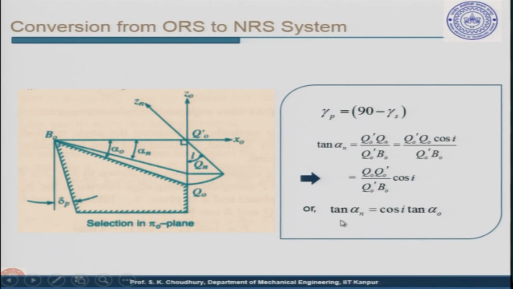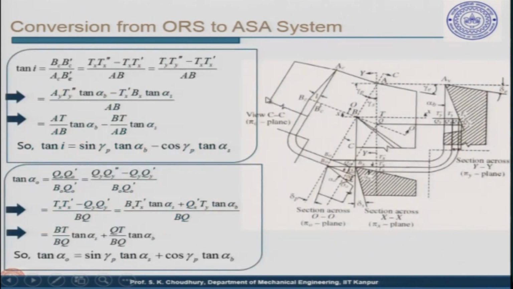So, this equation relates the orthogonal rake system with the normal rake system. As you understand, I once again tell you that this looks a little complicated, but it is actually nothing but, in one view, we have shown the sectional views and the projected views of both the systems, ORS and NRS, ORS and ASA.